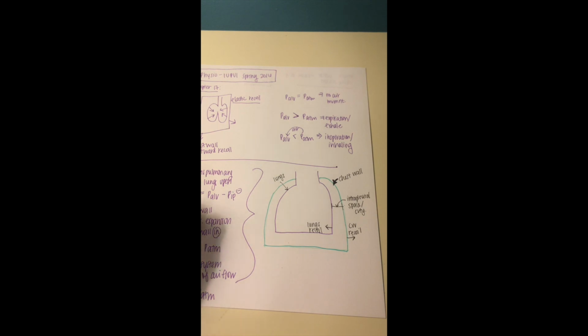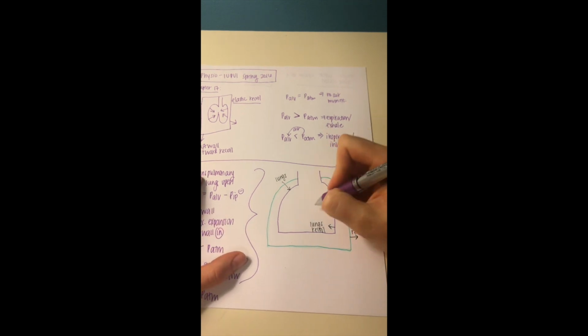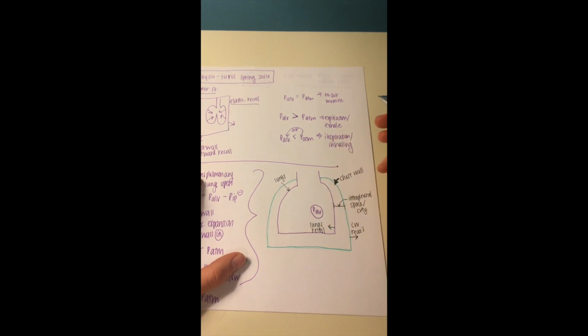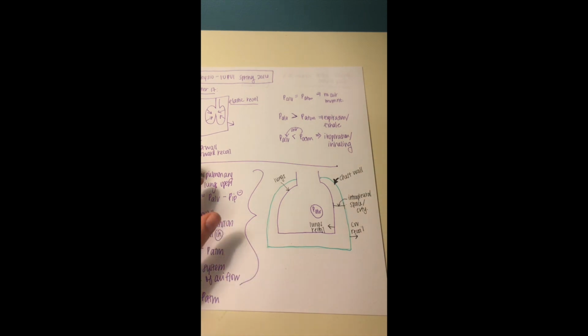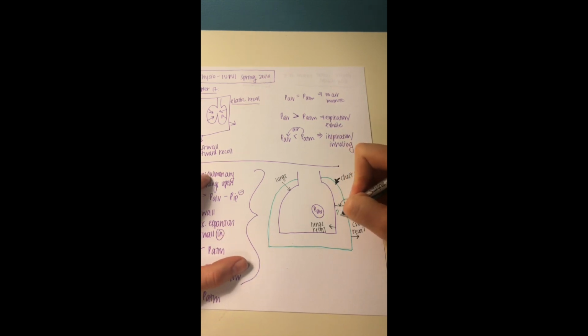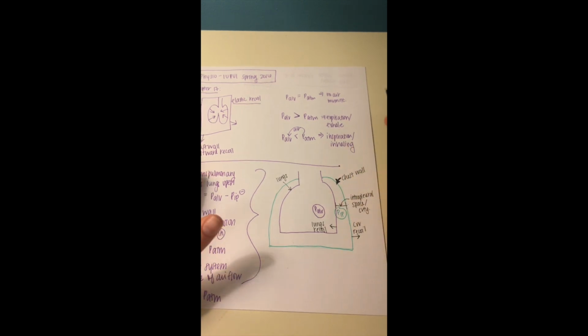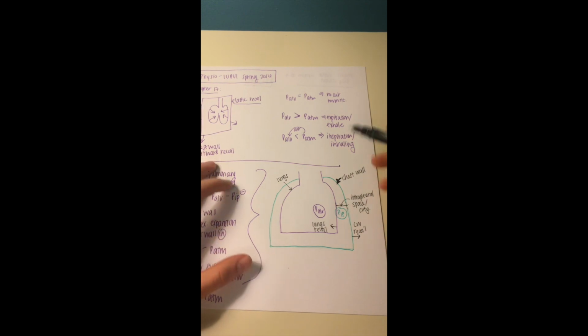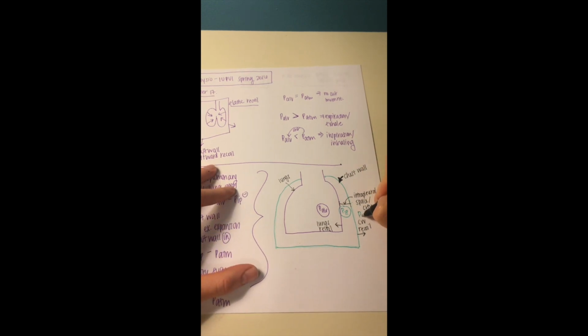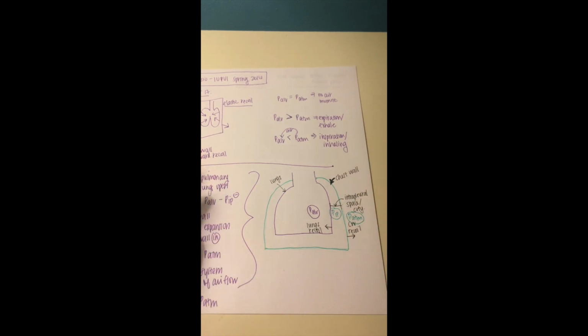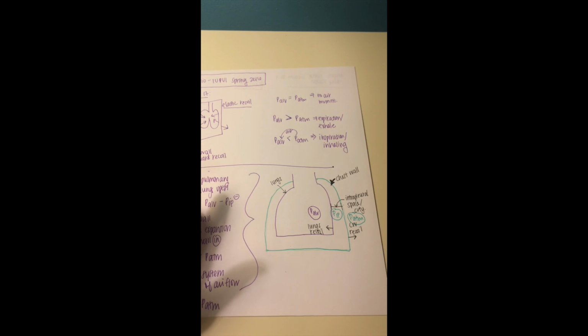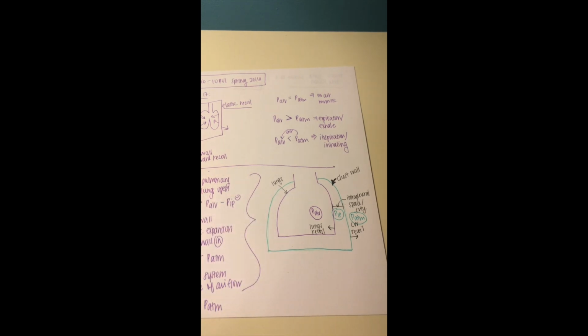So then your alveolar pressure is going to be in here. And then your intrapleural pressure is going to be in the intrapleural space. And then your atmospheric pressure is going to be out here. So then the differences between all these is what's going to give you your transpulmonary pressure, chest wall pressure, and then respiratory system pressure.